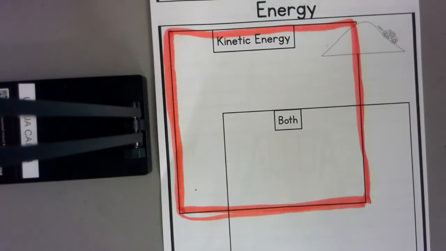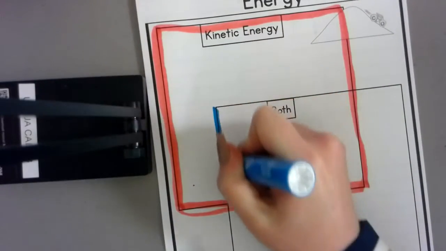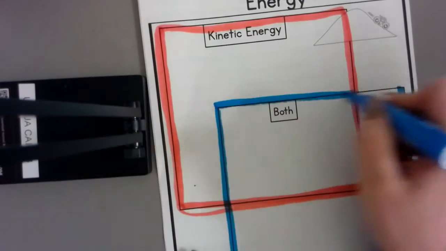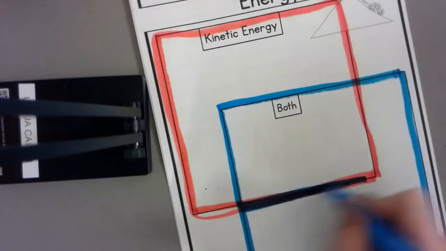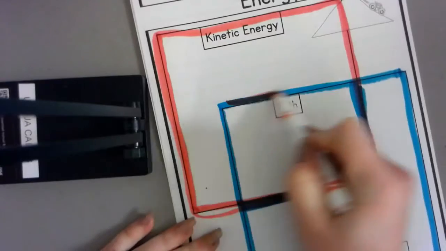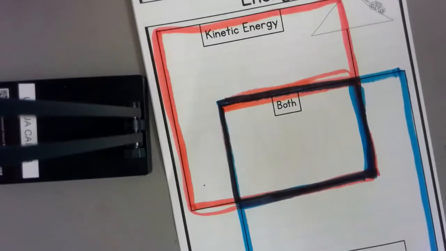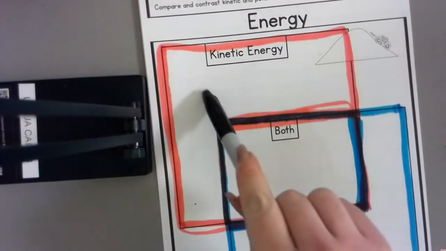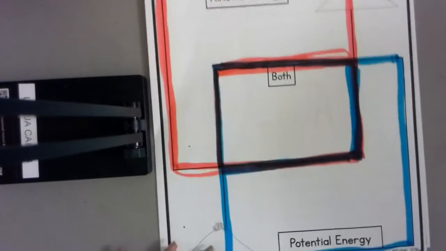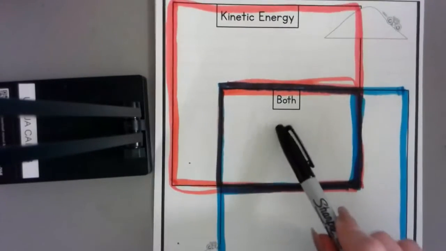And then you have one that talks about just potential energy. And then you have part that talks about both. So things that are just about kinetic energy will go here. Things that are just about potential energy will go here. And then things that are about both, things that they have in common, will go here.